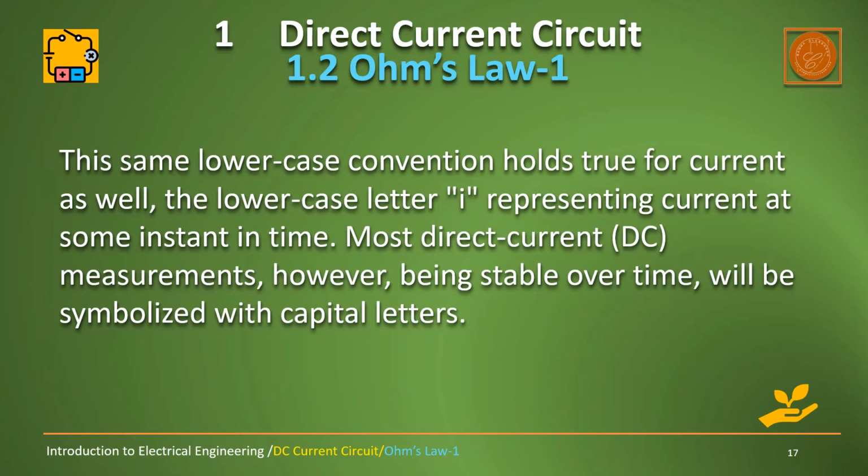This same lowercase convention holds true for current as well, the lowercase letter i representing current at some instant in time. Most direct current (DC) measurements, however, being steady over time, will be symbolized with capital letters.